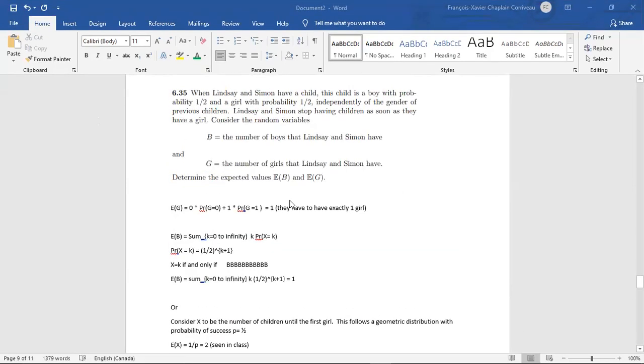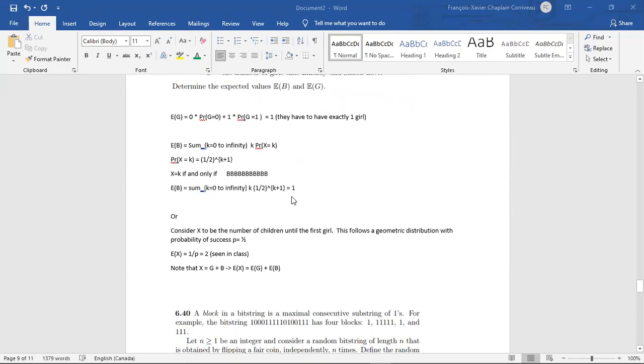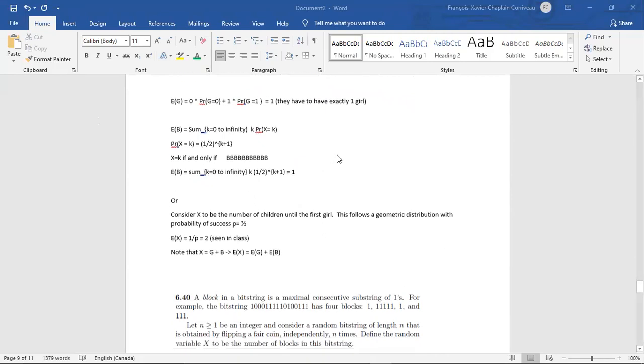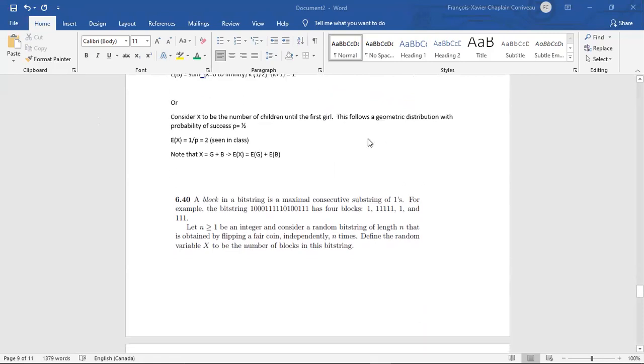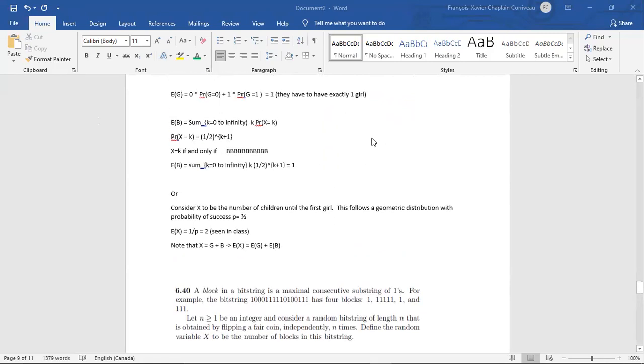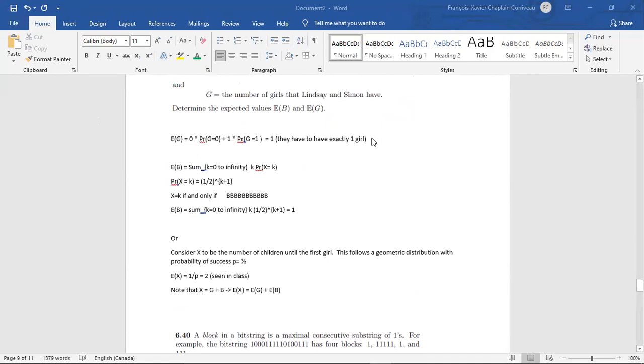Any questions about this one? I'm getting a bit tired of looking at geometric random variables. So the probability of x is just whether the kid is a boy or a girl, correct? Sorry, what did you say? The probability of x? What do you mean by probability of x?